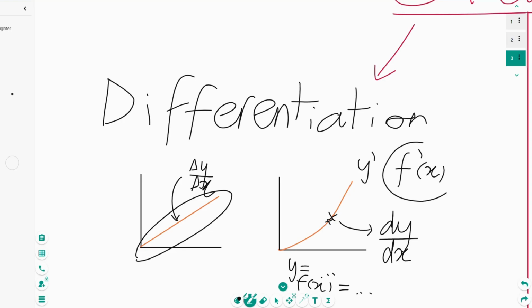This basically means that this is the differentiated version of f(x), the differentiated equation for f(x). And this means this is the differentiated equation for y equals to something.